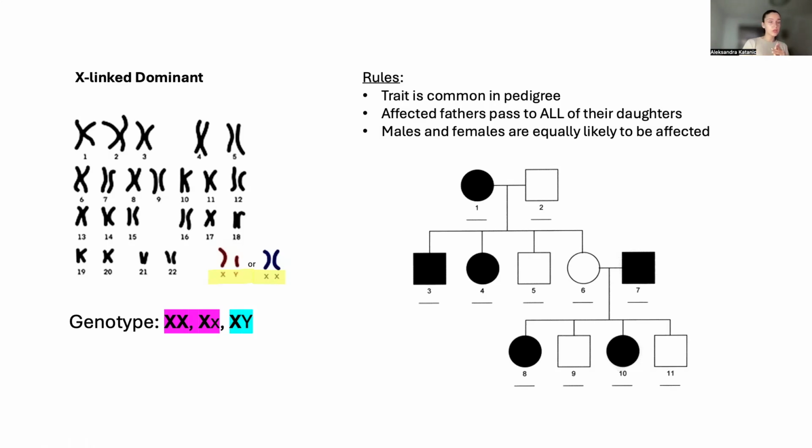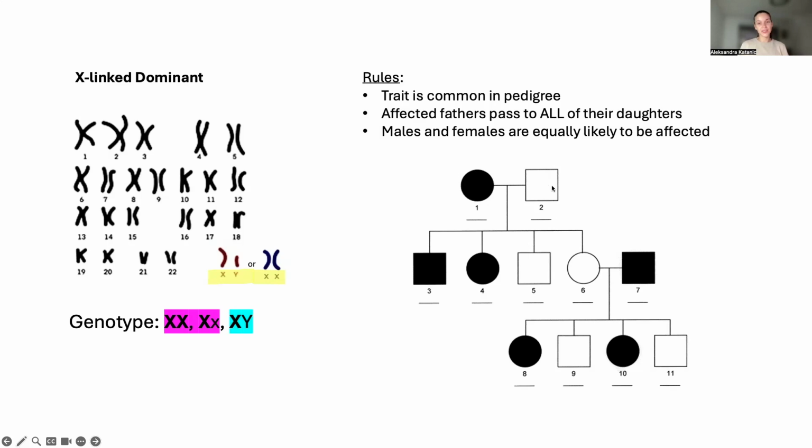Okay, so let's do two questions for this one. Explain why individuals 5 and 6 are not affected. These two here. Individual 5 is not affected because he's a boy. So mum probably is heterozygous with a dominant and a recessive allele. He probably got the recessive X from mum, and he got a Y from dad.